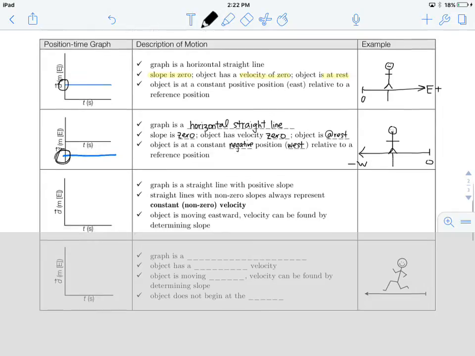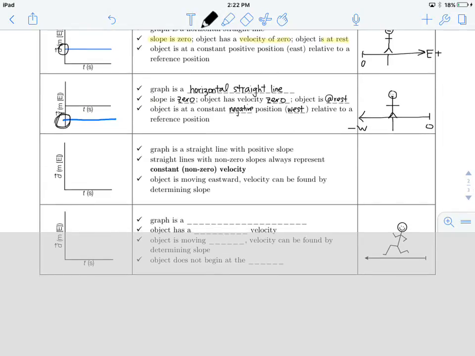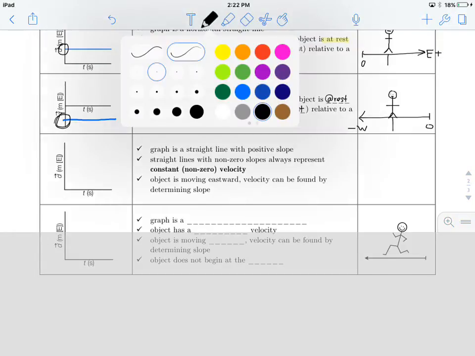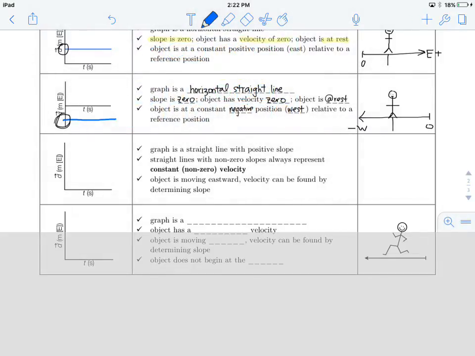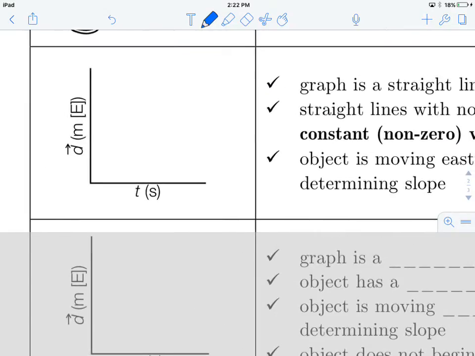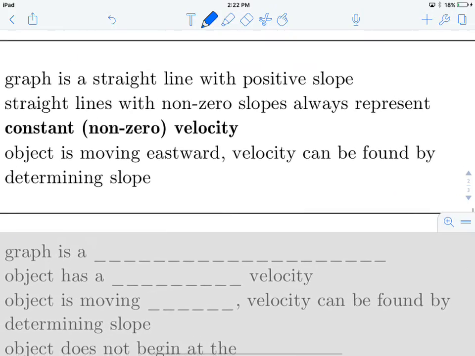So what I've done is I've given you the whole description, and we're going to fill this in as we go. So this is what we have. The graph is a straight line with a positive slope.